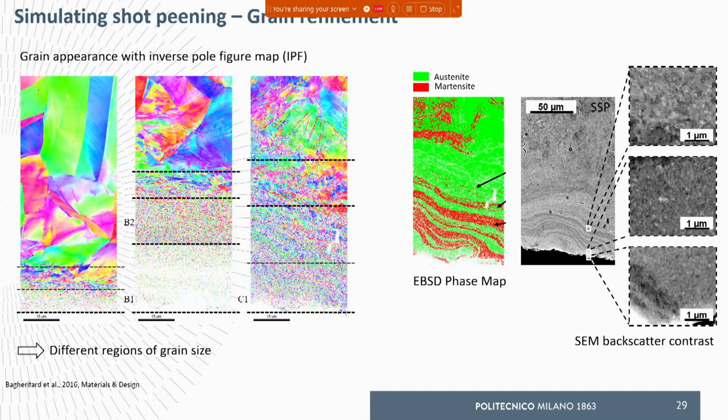Also this, indeed, for grain refinement, we have already commented on this slide, so no reason to spend so much time.